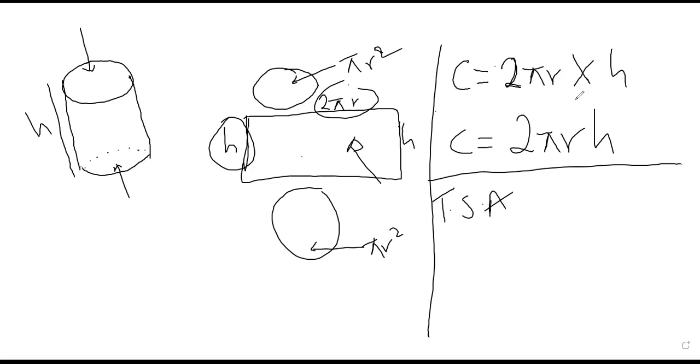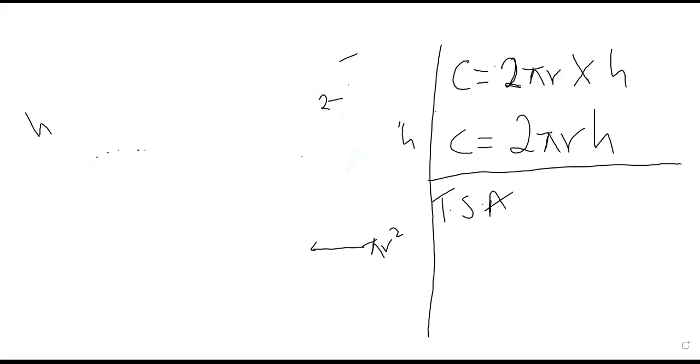So how do you find the total surface area? You find it by adding up the area of the circular top, the area of the circular bottom, and also the area of the lateral body. So let's draw that.